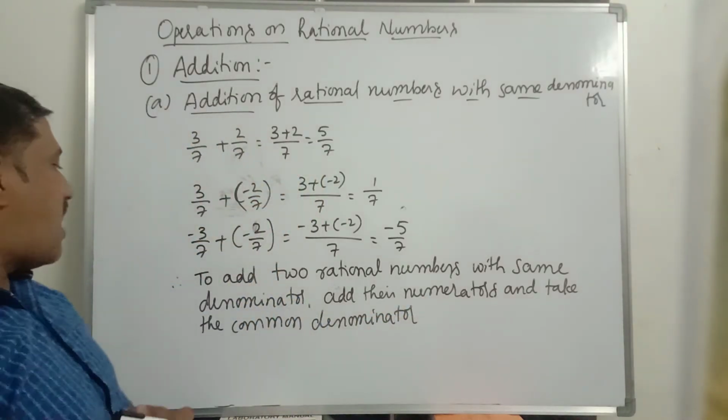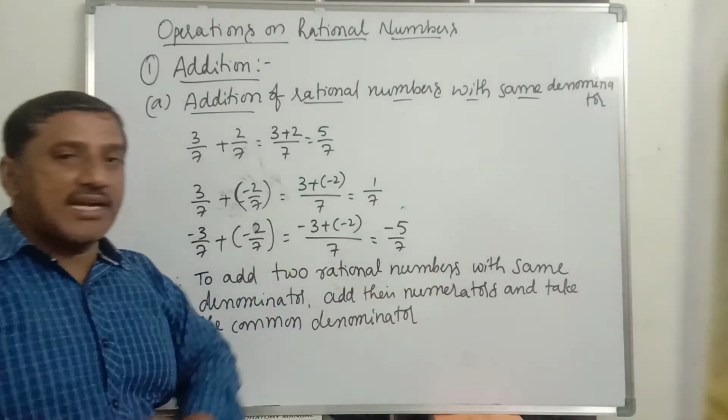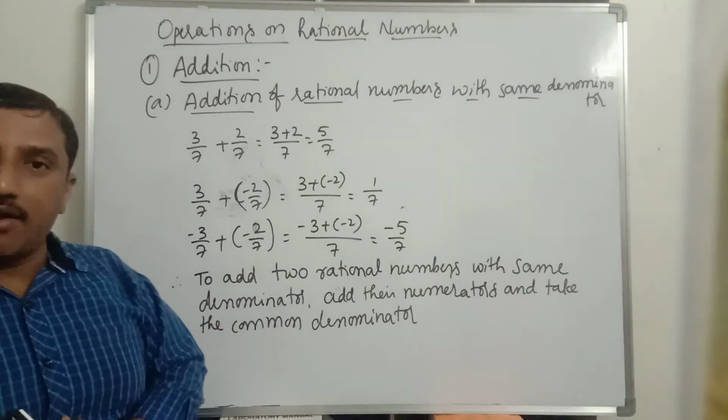So to add two rational numbers with the same denominator, add their numerators and take the common denominator.